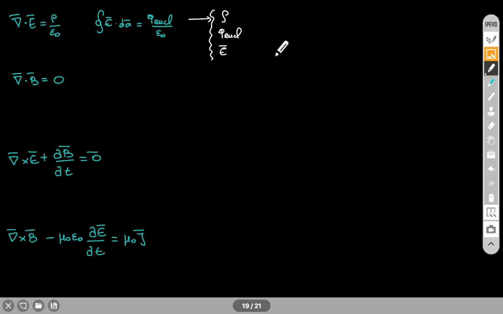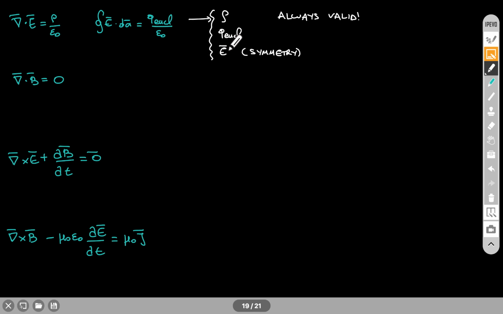if you have symmetry. I do want to mention that Gauss's law is always valid. Okay, we've talked about that. Gauss's law is always valid, but it's not always useful. If you want to find the electric field using Gauss's law, you have to have symmetry.